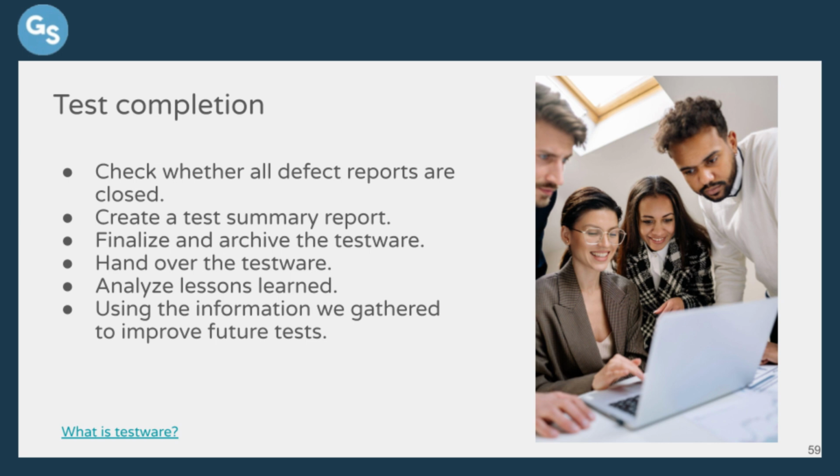Testers hand over the testware to maintenance teams, other project teams, or stakeholders who could benefit from it. They also analyze lessons learned from completed test activities to identify necessary changes for future iterations, releases, and projects. Finally, testers use the information gathered to improve the maturity of the test process.